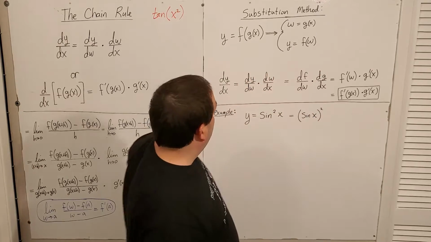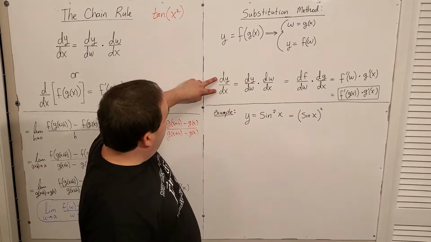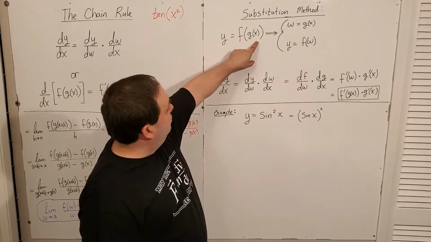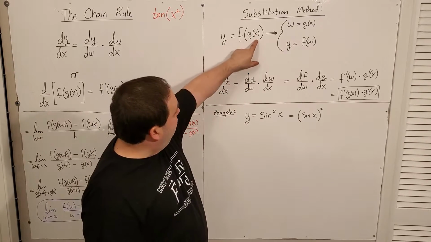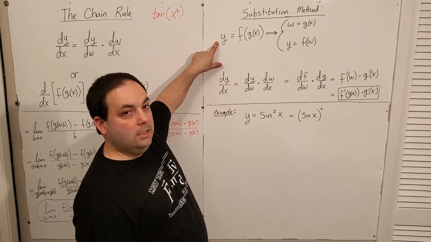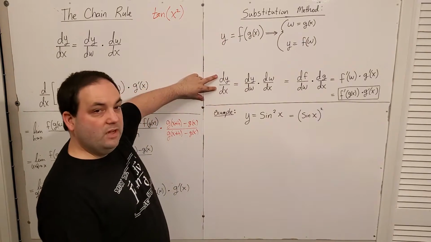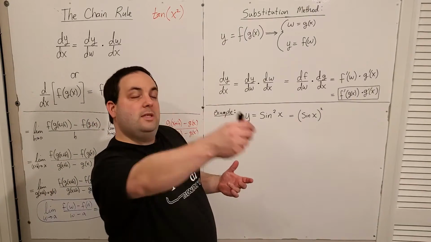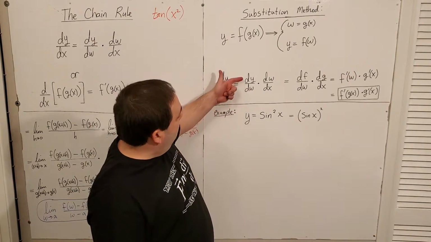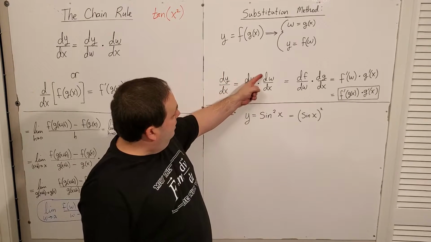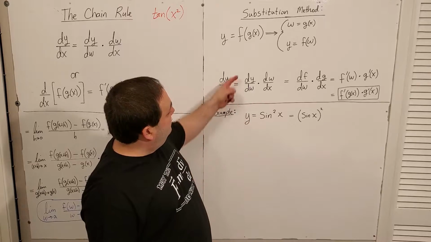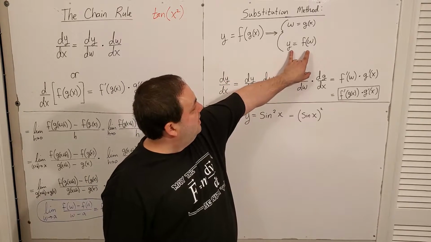Okay? So according to my chain rule, if I'm interested in dy over dx, which I actually am, because look, the original setup was input x, output y. So this is the derivative I'm interested in, dy over dx. But I can use the middleman to get there easier. dy over dw times dw over dx. But dy over dw has this connection.